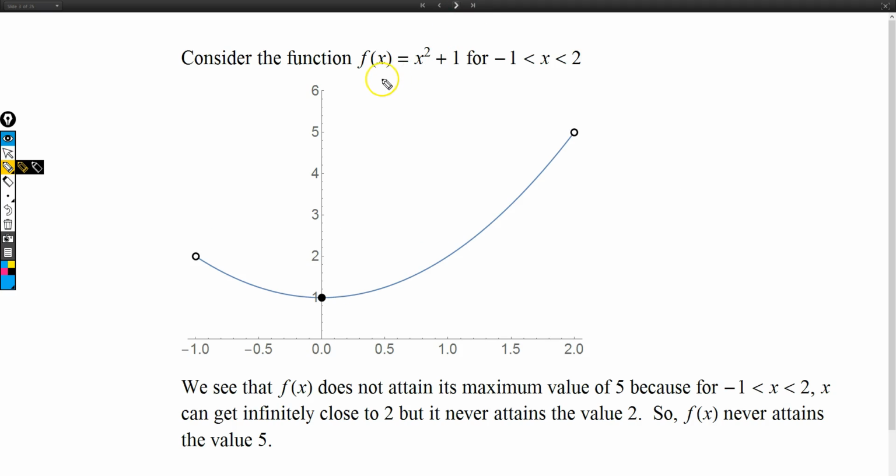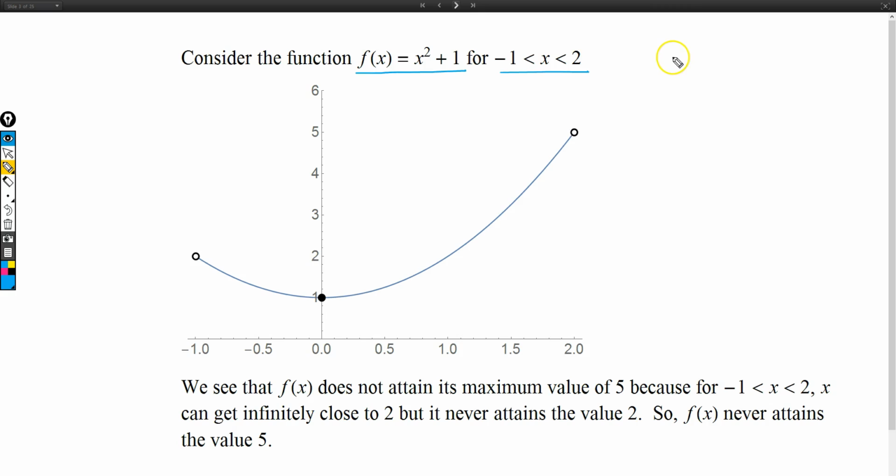So it's the same function as before, f of x equals x squared plus 1, but now x is going to be between -1 and 2, but it doesn't actually take on the value of the endpoints -1, nor does it take on 2.